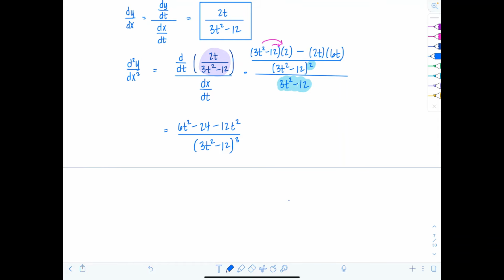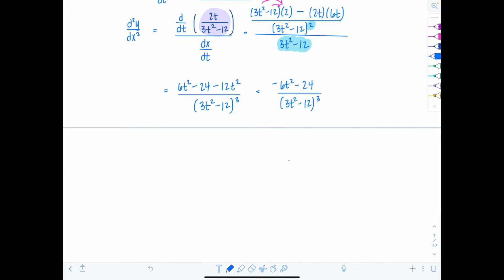Very nice. In the numerator, I can combine some like terms. So I have negative 6t squared minus 24 over 3t squared minus 12 cubed. And I can further simplify because I notice I can factor a bit more in the numerator and denominator.